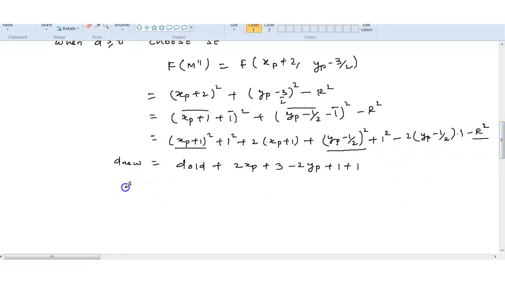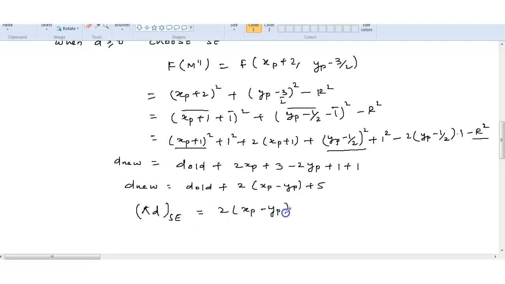So we can write d new is equal to d old plus 2 times, taking the common factor, xp minus yp plus 5. So the difference in the southeast is 2 times xp minus yp plus 5. This is the difference for the southeast corner.